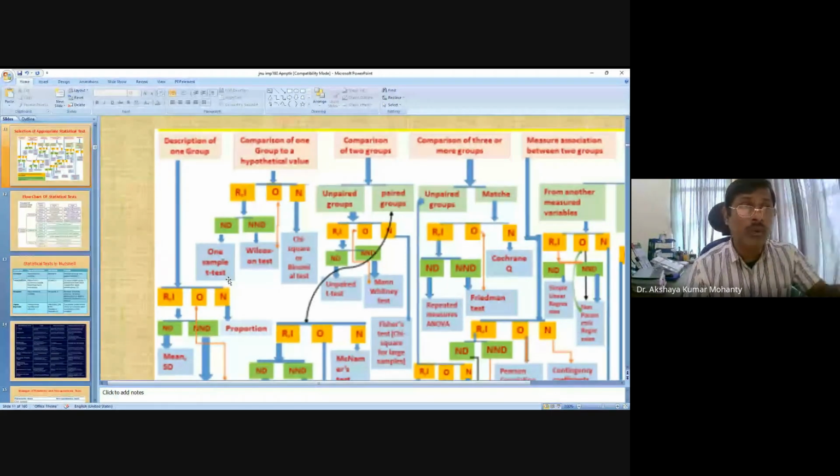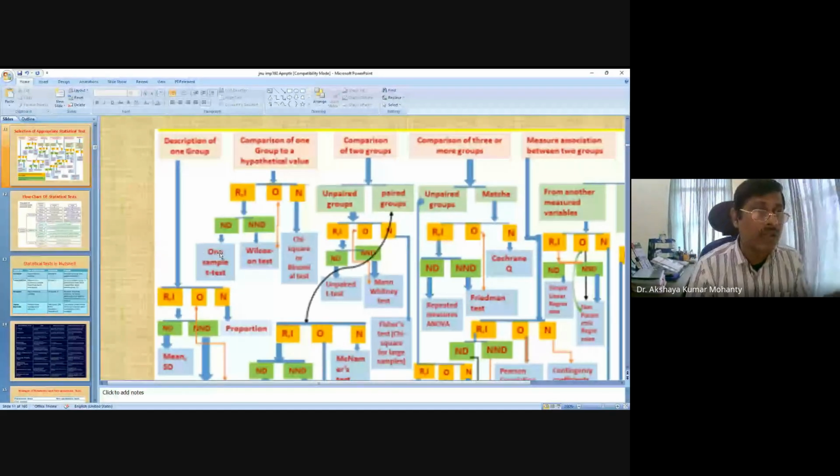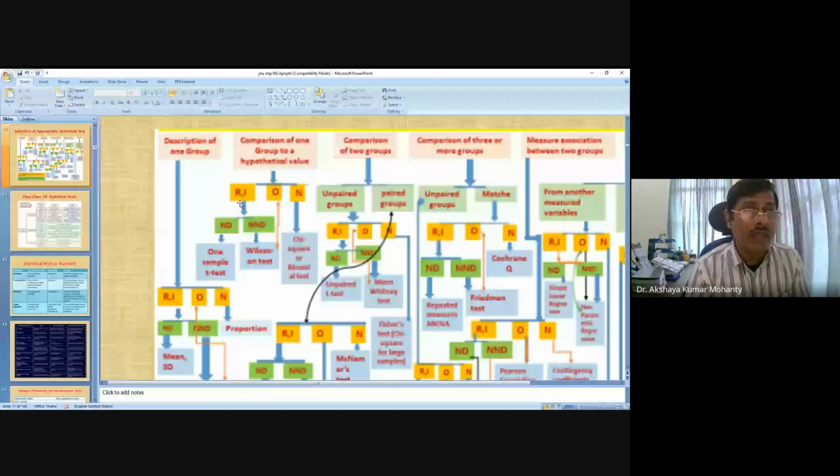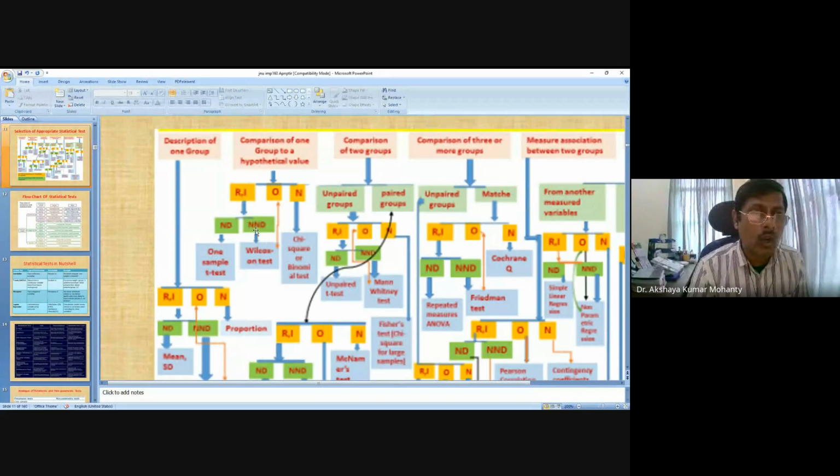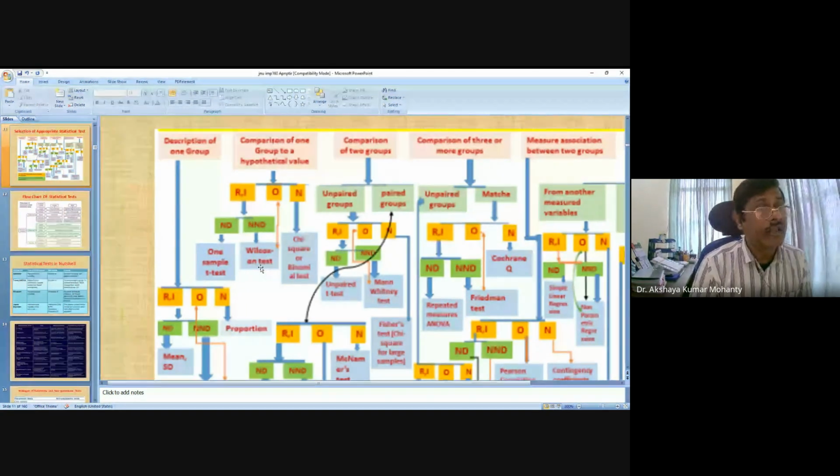Already I told you in the previous slide. Now I am explaining in a different way how the one-sample test comes in a series. Now non-normal distribution, that means the Wilcoxon test. Already I discussed that part in the previous slide.